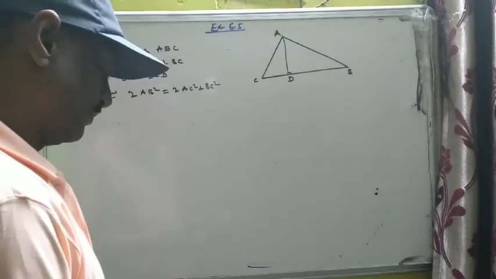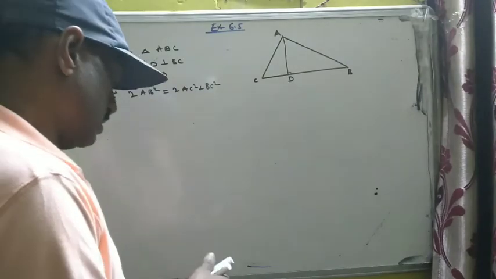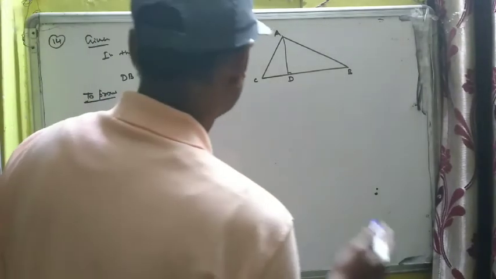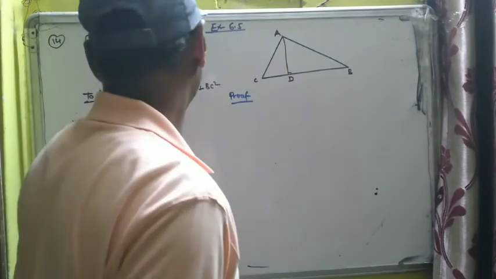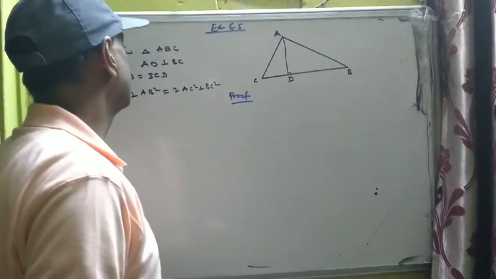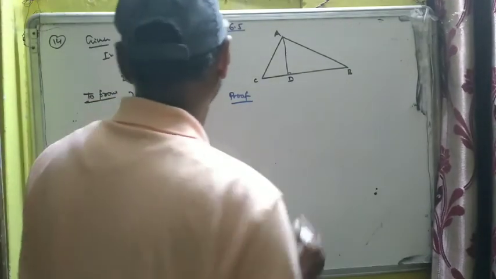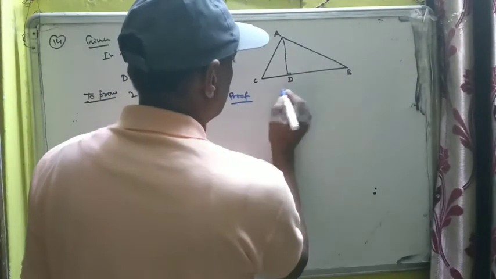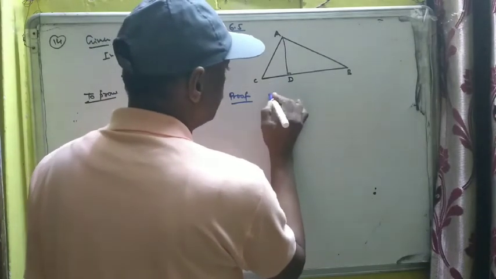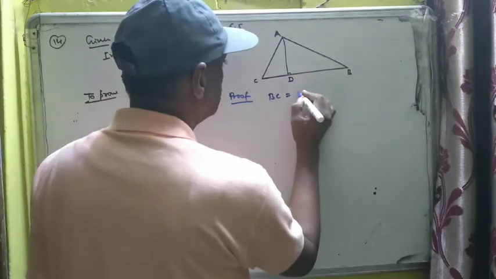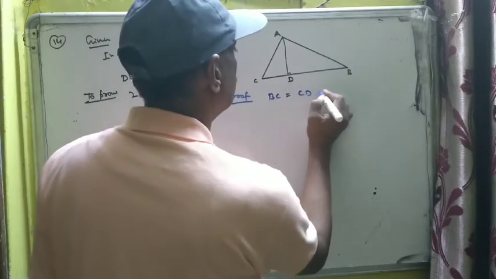Just see, at first we will take the things which are given in the question. In the question it is given DB equal to 3CD. So this is the BC and BC can be break into two parts. So BC equal to CD plus DB.